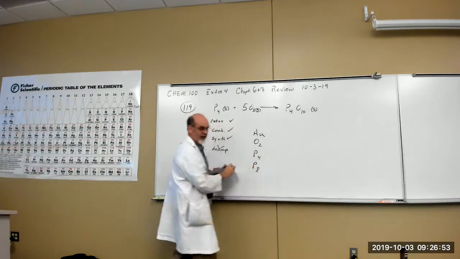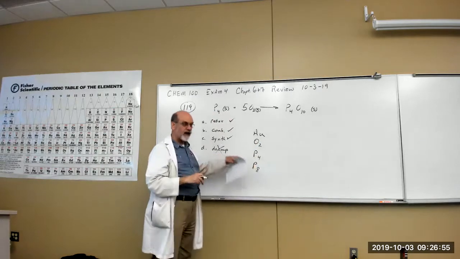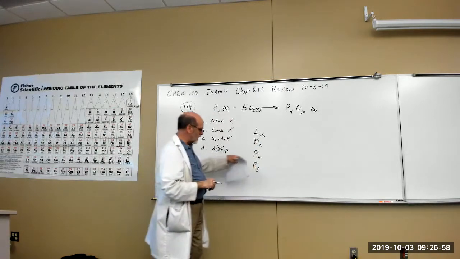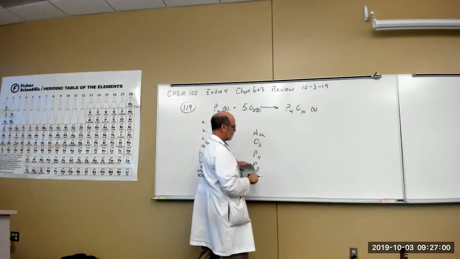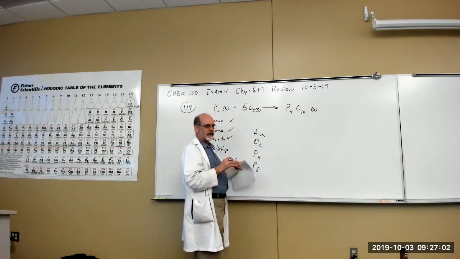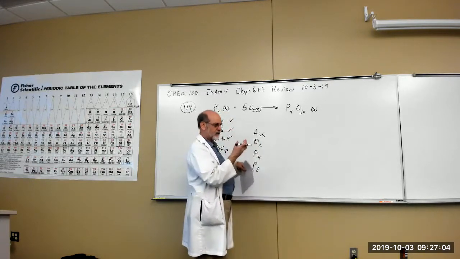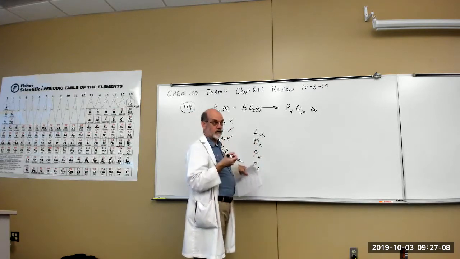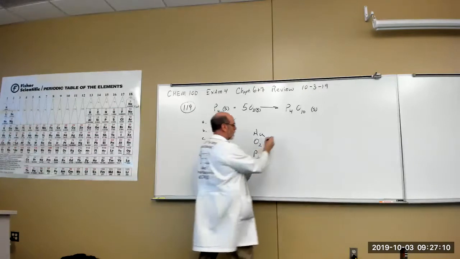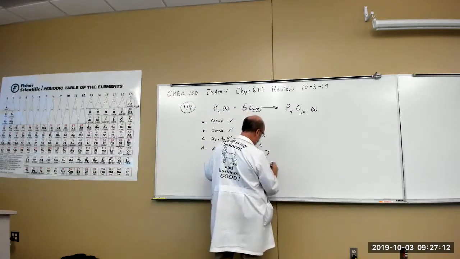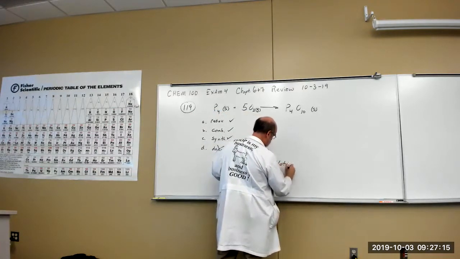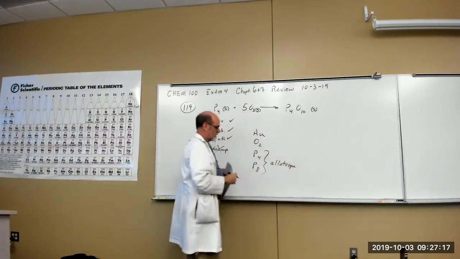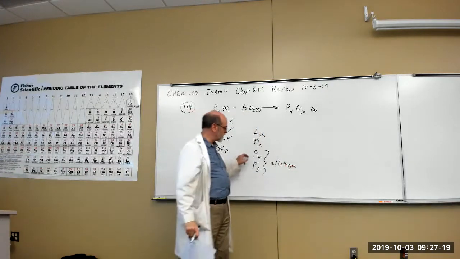Another form is like that, right? It's still the element. But when you have just the element, but it has different numbers of atoms associated with one another, then you have what we call an allotrope. So these two are allotropes. They're still the same element, they just take different forms.